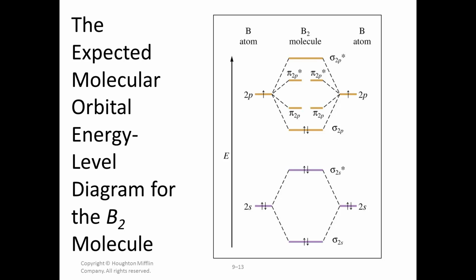We also have our 2s molecular orbitals for boron, so as we begin to fill our electrons, we have 6 total electrons going into a sigma 2s, a sigma star 2s, and then a sigma 2p orbital.